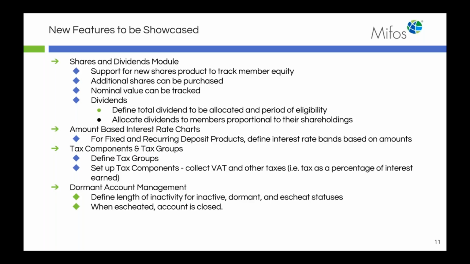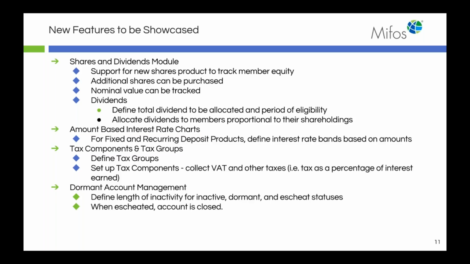A total amount of dividends or profits to be distributed back to shareholders can be defined, and based on the client owning shares within the period of eligibility, they can be allocated dividends. The dividends are then automatically allocated to members, proportional to their individual shareholdings, and the corresponding general ledger entries are made as well.